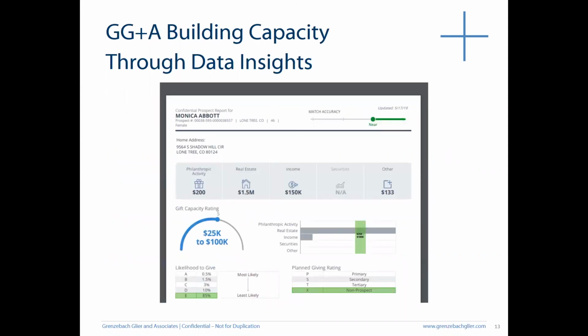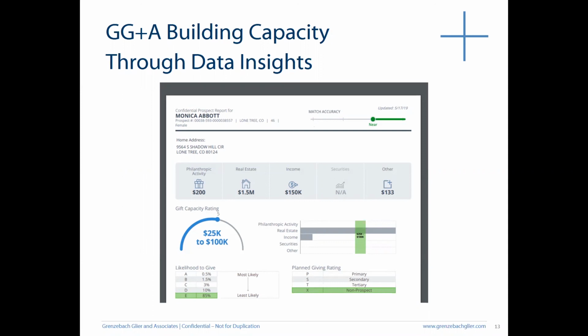Close to the end here, I wanted to finish up by sharing that we're pretty proud at GG+A that we help organizations build capacity through data insights, and we spend a lot of time with our clients when we do our modeling and our work with data on data quality, data cleansing, and filling in missing data.